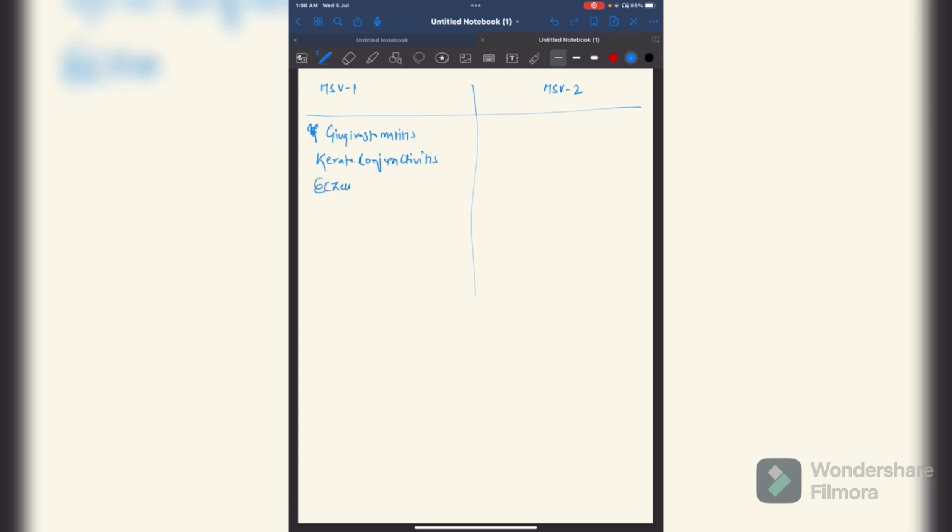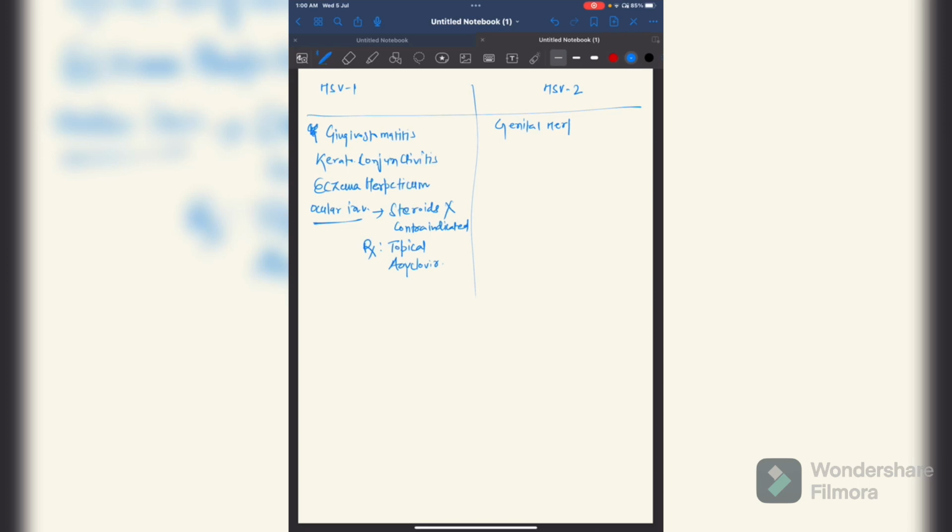It is also associated with eczema herpeticum. And if ocular involvement is there, remember in this ocular involvement, steroids are not given. Steroids are contraindicated. So we use topical acyclovir. In case of herpes simplex virus 2, it is associated with genital herpes and neonatal herpes.